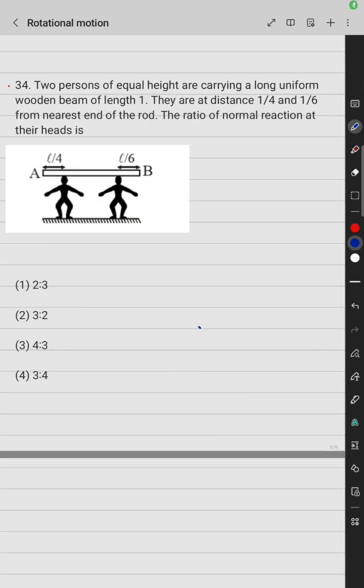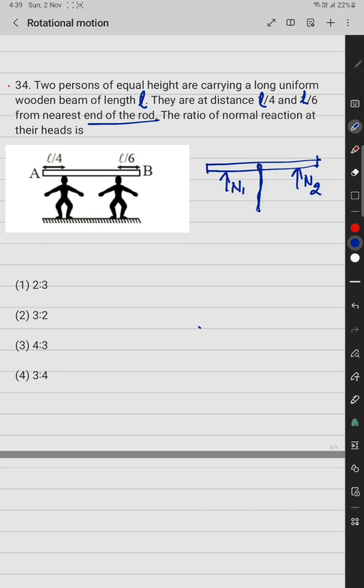Two persons of equal height, both of equal height, stand on a wooden beam whose length is L, at distances L by 4 and L by 6 from the nearest end of the rod, and we want the ratio of the normal reactions. Suppose the normal on the first person is N1 and on the second person is N2, and the center of mass is at the midpoint with weight mg.